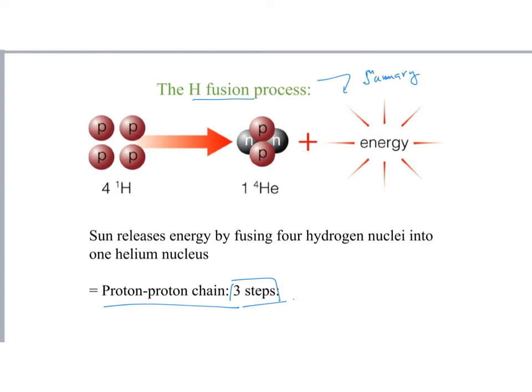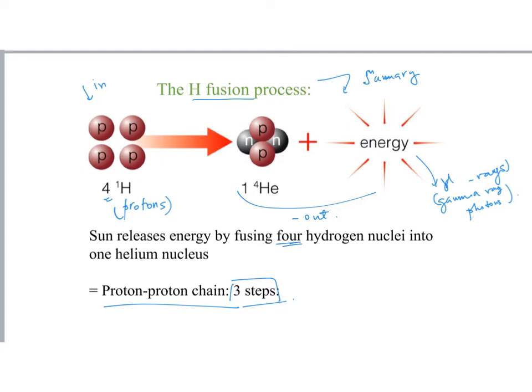What goes in is 4 protons, which are the nuclei of hydrogen atoms, and what you get out is 1 atom of helium and energy, or gamma rays. So the sun releases energy by fusing 4 hydrogen nuclei into 1 helium nucleus.